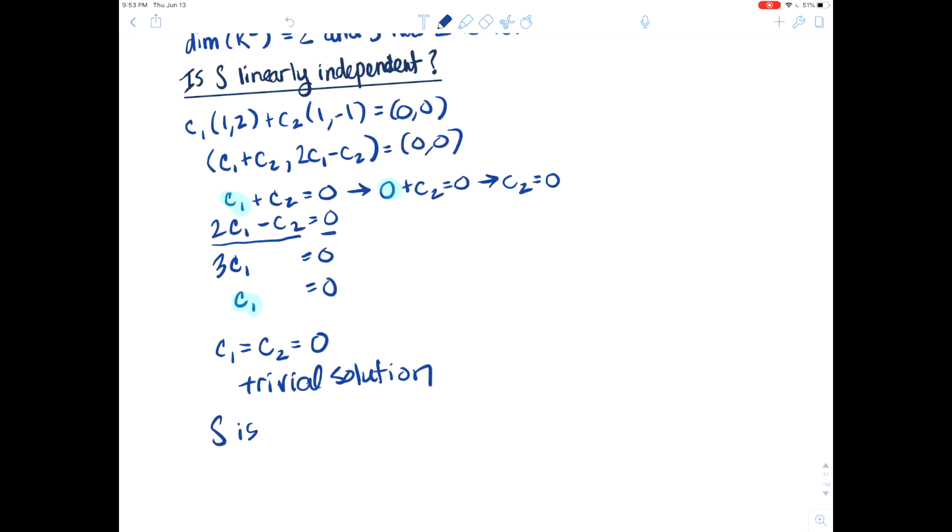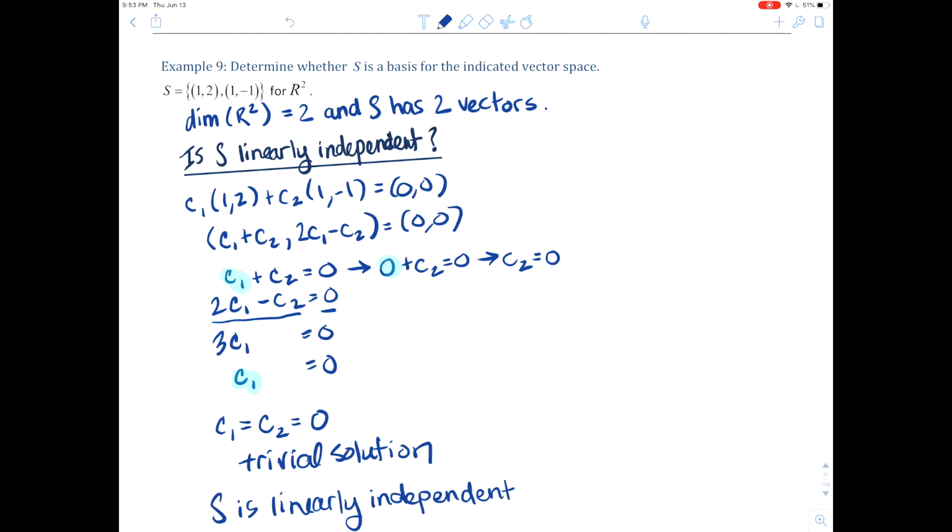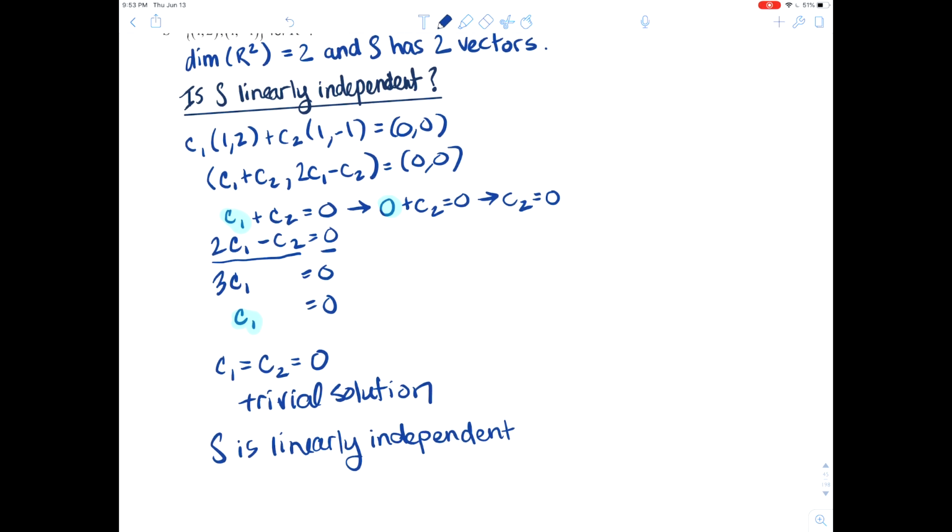So we found out that S is linearly independent. So putting the concepts together, right, we have two vectors in a two-dimensional space that are linearly independent. So what can we say?